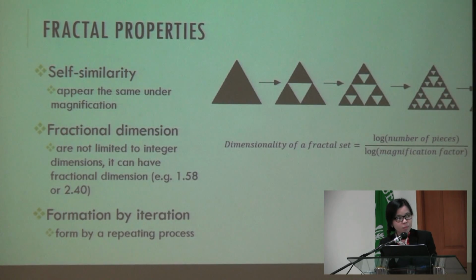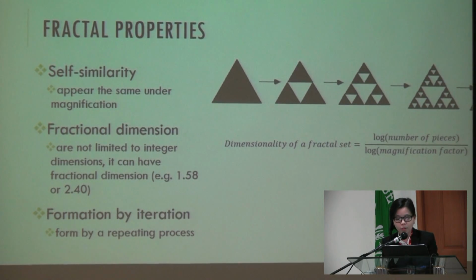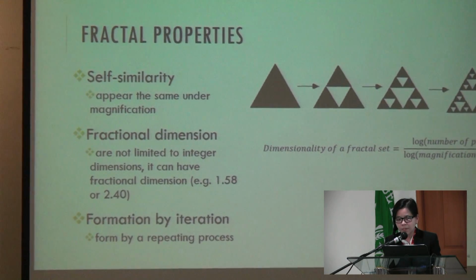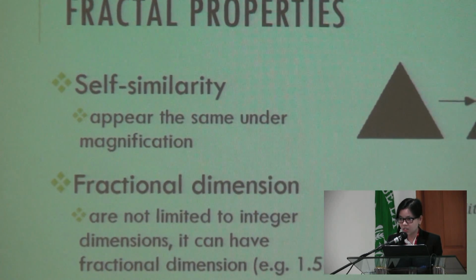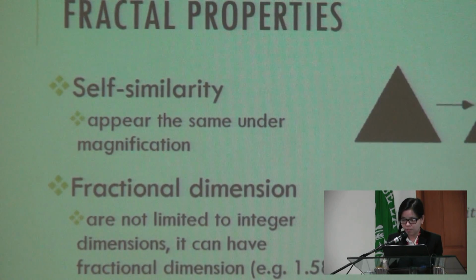They define their dimension, and it can be between 1 and 2, like 2.4 for the Sierpinski triangle. It can also be between 2 and 3. Instead of stating it as a fractional dimension, Mandelbrot actually called it roughness. He defined it as roughness instead.